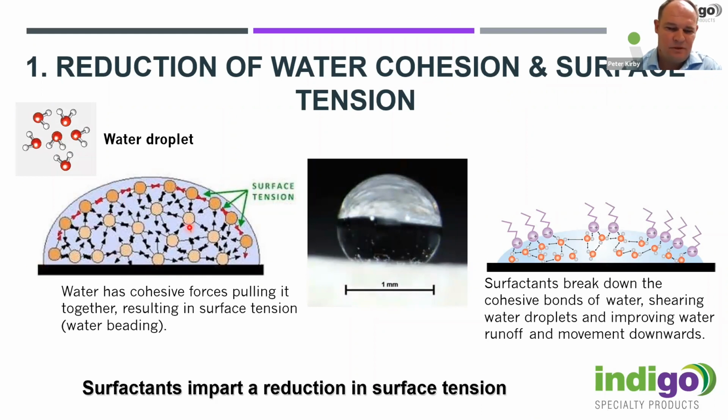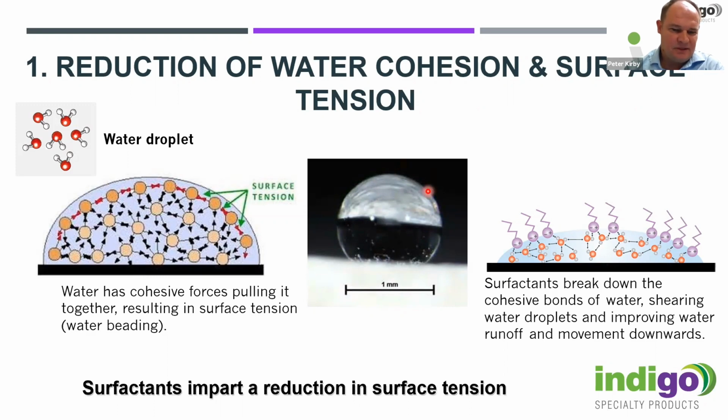If you look at water on a surface which is impermeable, the water will bead like this, and that's all the cohesive forces that water has, pulling it together, making bigger droplets. It actually enjoys its own company. It pulls water to it and creates that beading that we see when we wash our car or something like that.